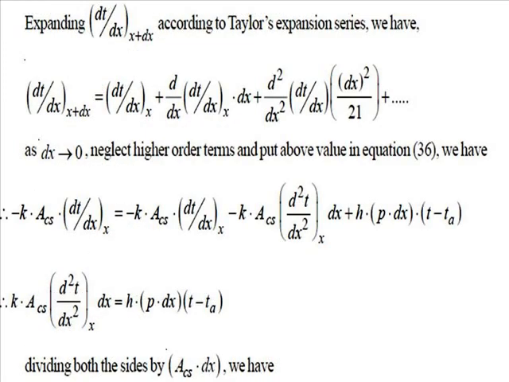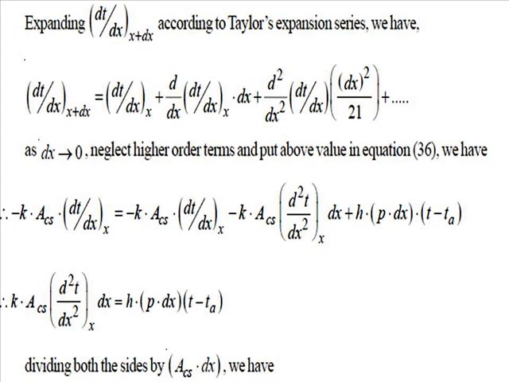So if we expand the dT/dx at x plus dx according to the Taylor's expansion series, which we learn in maths, we have dT/dx at x plus dx equals dT/dx at x plus d/dx of dT/dx at x into dx, plus d²/dx² of dT/dx into dx² divided by 2 factorial, plus so on.